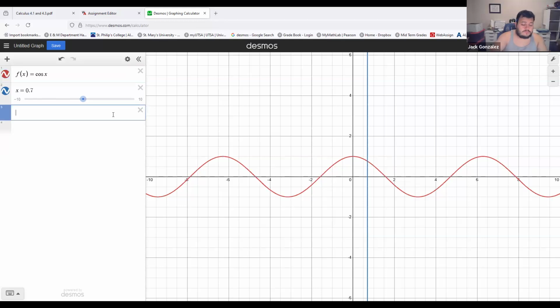But what is pi over 2? About 1.57. So if I pick 0.7 and do multiple iterations, I'm going to approach 1.57, which is right here. Does that make sense?